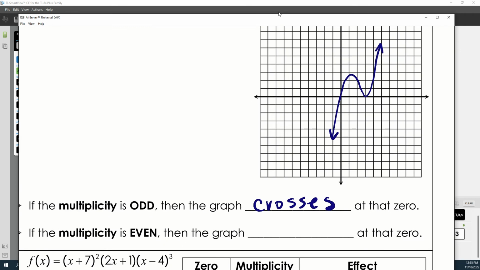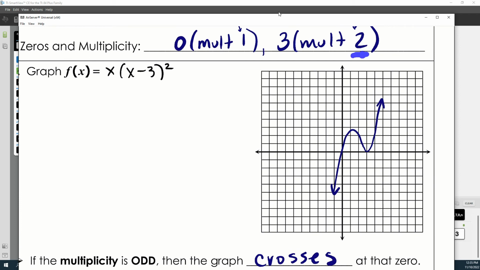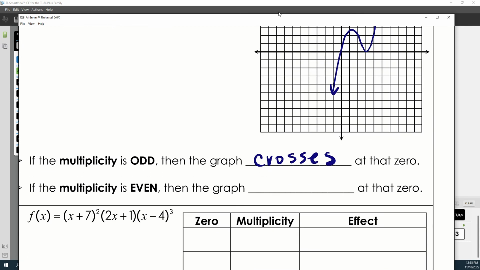It's just going to go all the way through. But when the multiplicity is even, like at 3, that was an even multiplicity of 2, it's going to bounce. So it's going to touch and then just go back in the other direction.